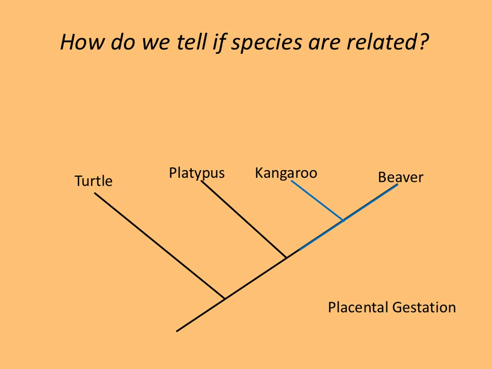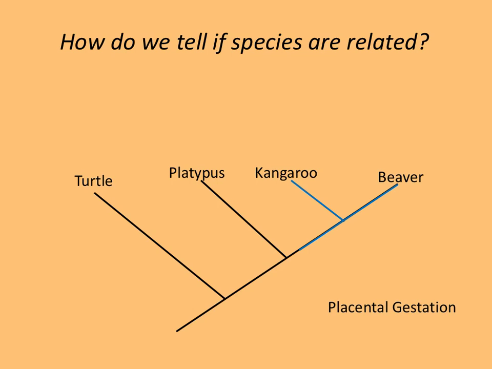We can use egg laying, so probably the ancestor laid eggs, and then eventually placental mammals developed. A placenta is used to nourish an offspring inside an individual. It actually shows that kangaroos, which are marsupials, are different from placental animals.